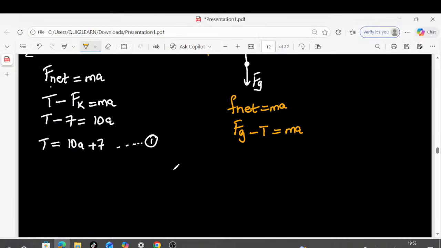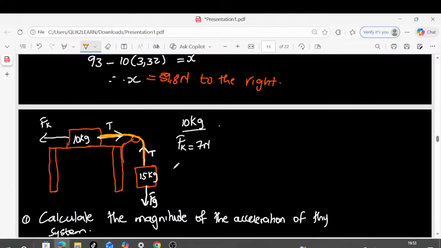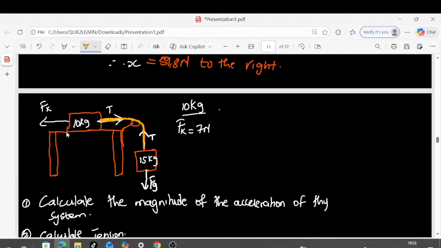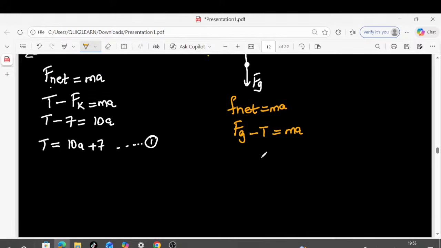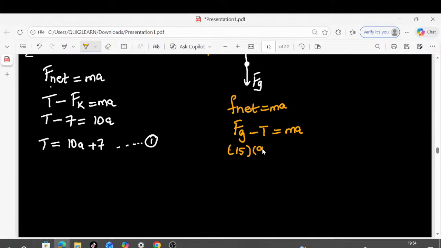So what's next is that when the force is in contact with the surface, that's when the horizontal forces are equal to 0. But now this one is not in contact, so it won't be equal to 0. We need to say F net is equal to MA. So this is mg, which is the mass times the gravitational acceleration.